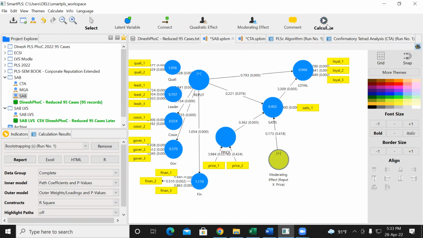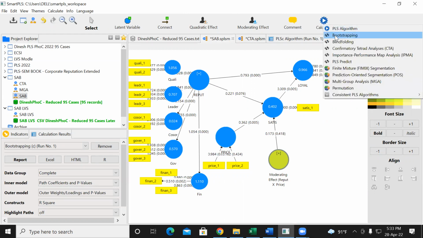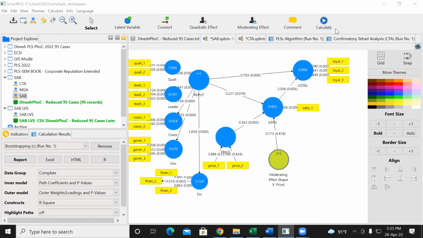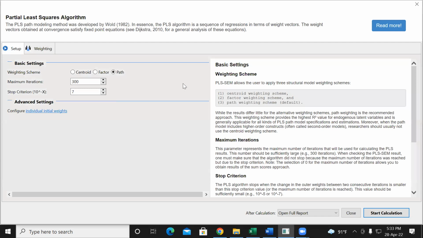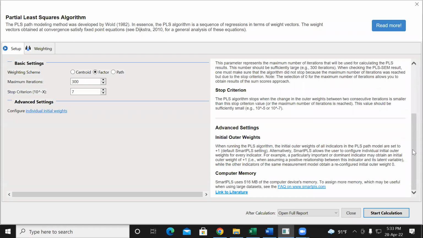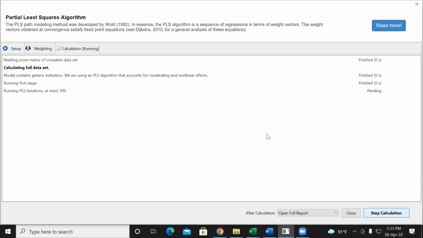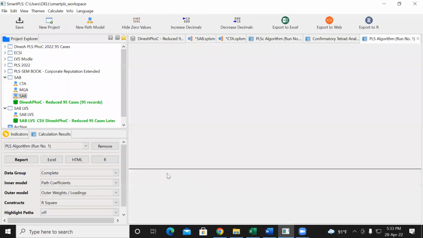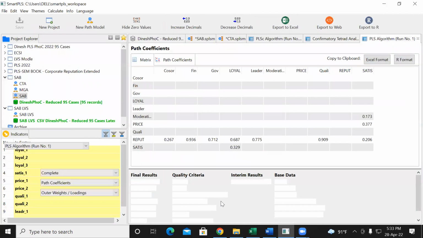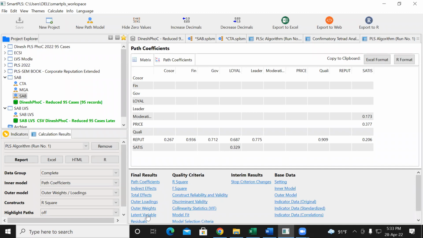When you run the calculation, there is something called the PLS algorithm. I will show you. When you run that one, you get something called latent variable scores.